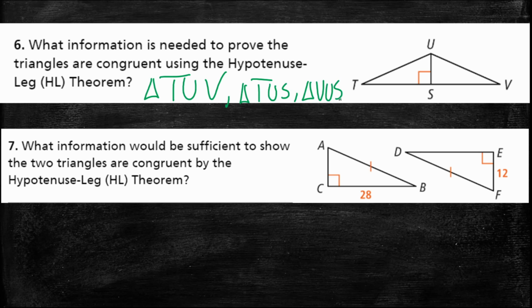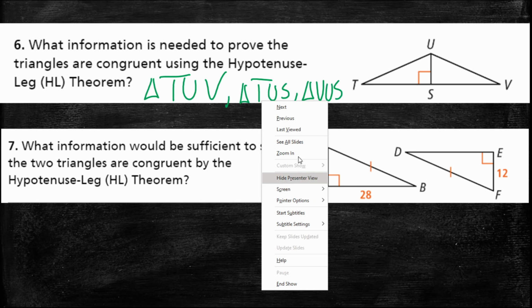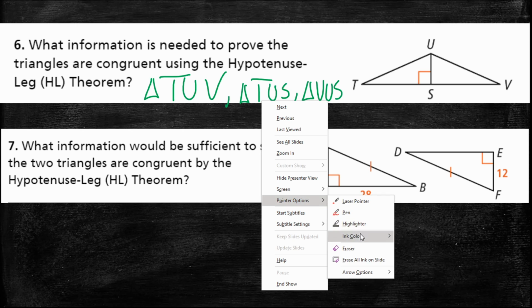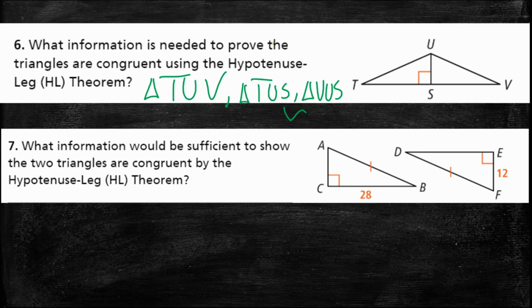So now that I can see the 3 different triangles I have here, I can start thinking about a couple things here. I can separate those triangles into these 2, and then I'll see very easily they both have this line segment US in them. Where do we have pointer options, ink color? Right? We can see line segment US is going to be in that triangle and in that triangle.